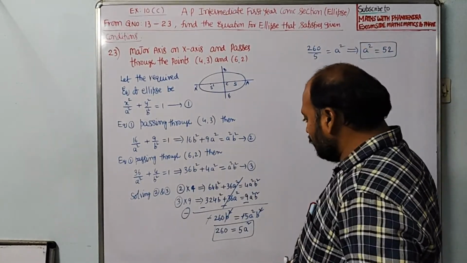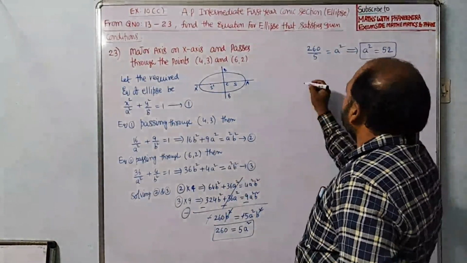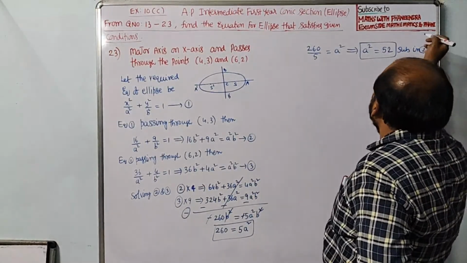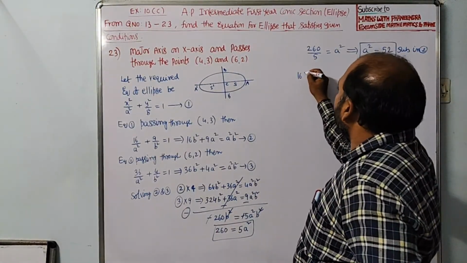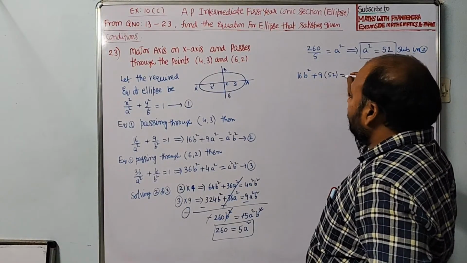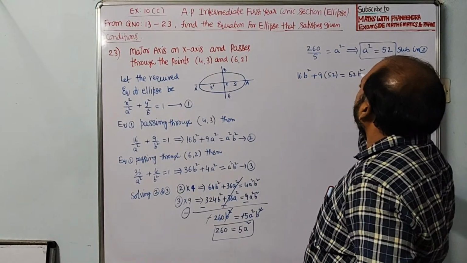Next, a square value, substitute in equation 2. 16b square plus 9 into 52 equal to 52b square.